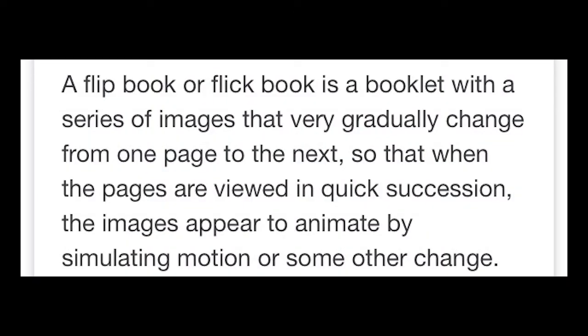The definition is still images being presented one after the other in quick succession, which causes your eyes to think that the pictures are moving.